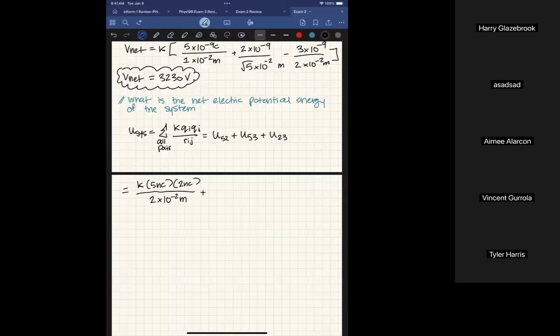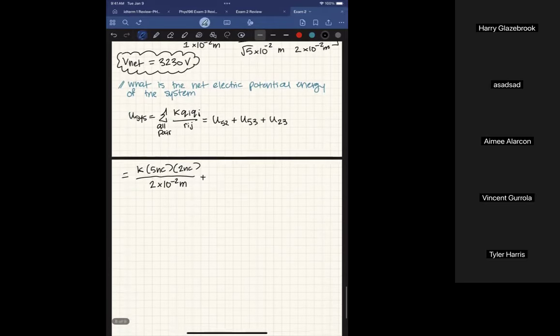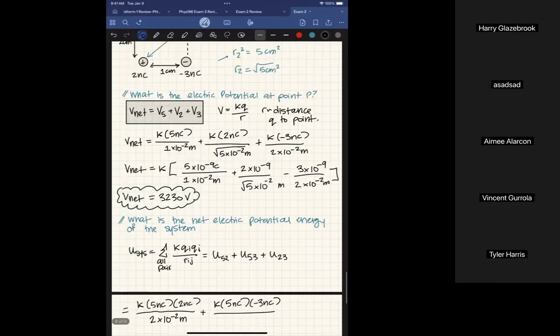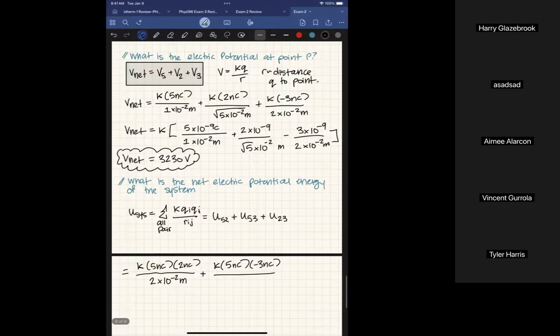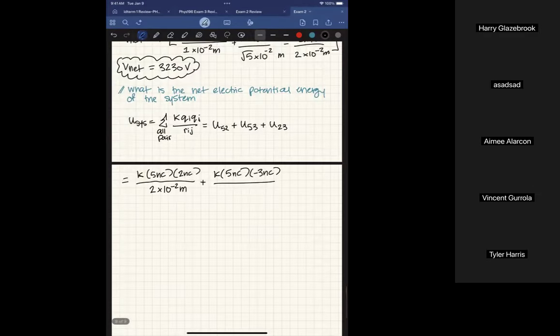That's going to be added to the electric potential energy between the 5 nanocoulomb and 3 nanocoulomb particle. So that's going to be K, 5 nanocoulombs, negative 3 nanocoulombs. Now the distance between the 5 and 3, again, is going to be this hypotenuse region, which we decided is the square root of 5 times 10 to the negative 2 meters.